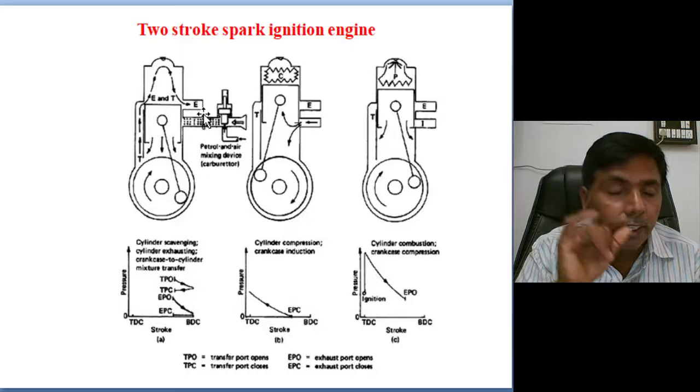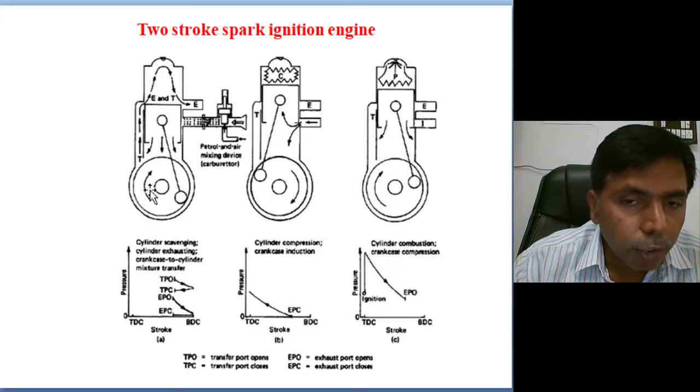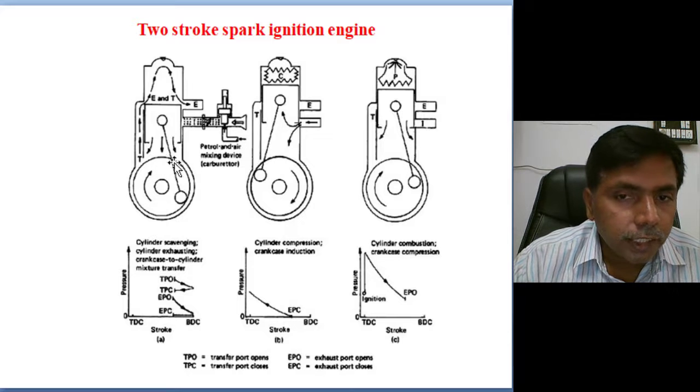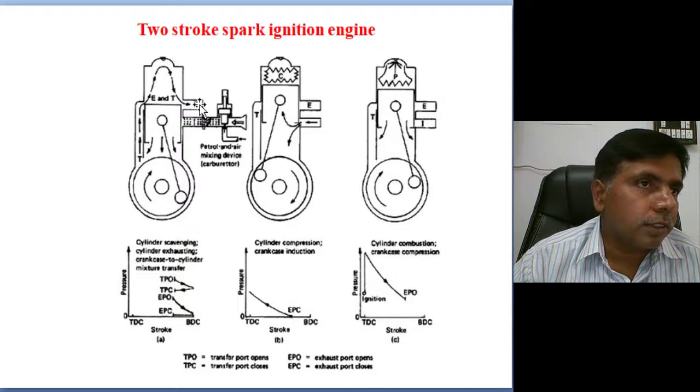Expansion and exhaust have already started, and the air-fuel mixture available in the crankcase is also being compressed. In the crankcase, on the backside of the piston, the air-fuel mixture has already entered through the inlet port. This air-fuel mixture is compressing. Here expansion is taking place. Before completing the expansion, the exhaust is opened.